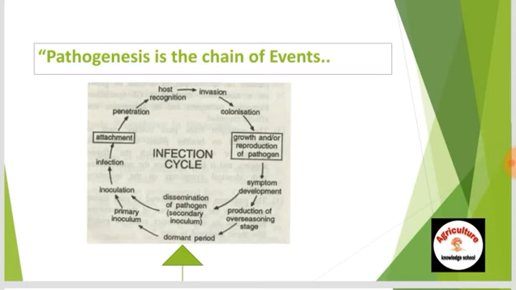Then dissemination of the pathogen or secondary inoculum, or production of the over-seasoning stage. So these are the chain of events for the development of any plant pathogen. It can be fungi, bacteria or virus. There are different disease cycles made by the organisms.